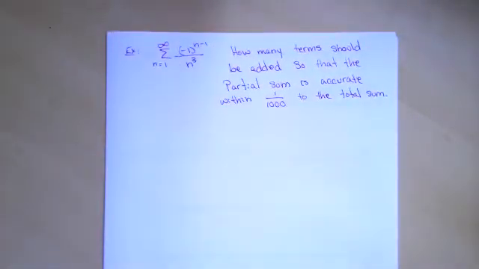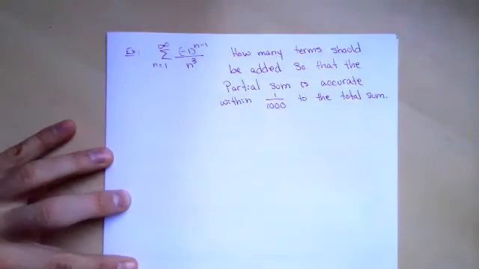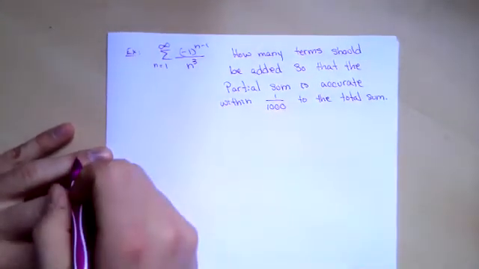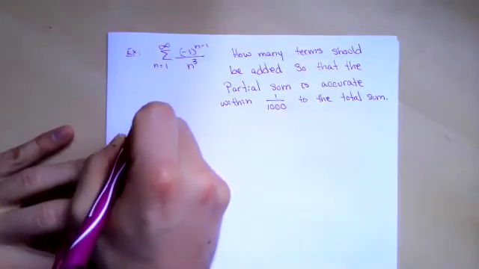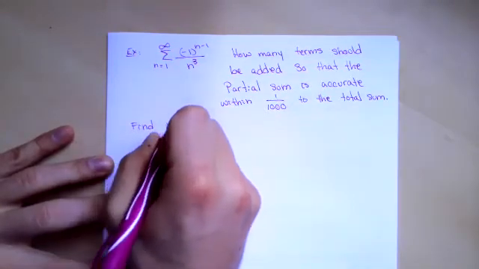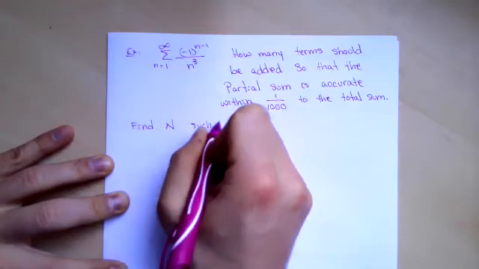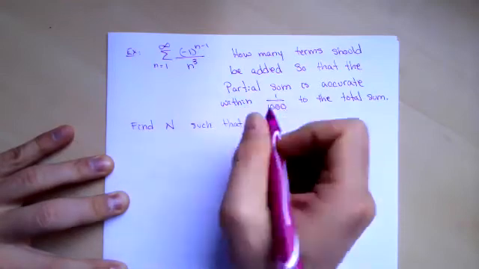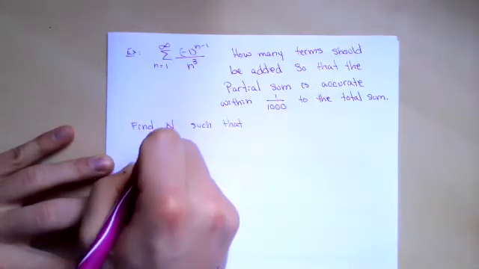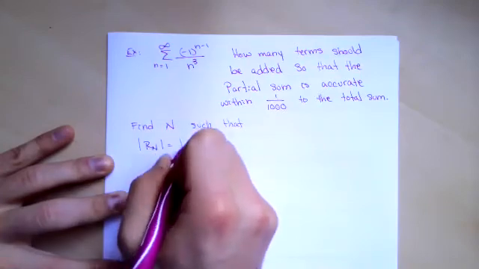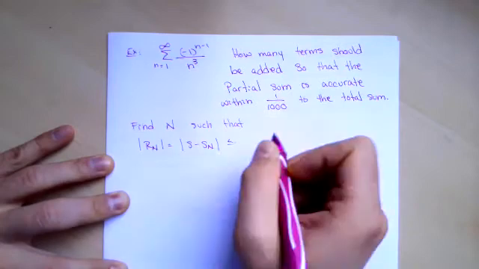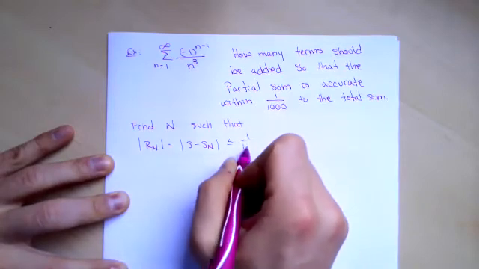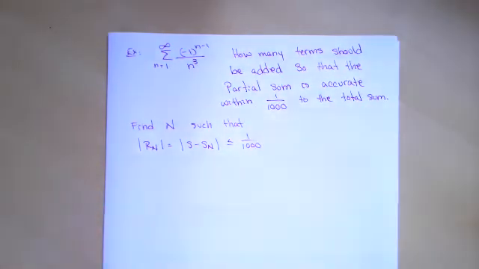Sorry, did you guys see that? This is one way the question might be phrased. Another way, if we phrase it a little more mathematically, we might just say, find n such that Rn, or we might just write S minus Sn, is less than or equal to 1 over 1,000.